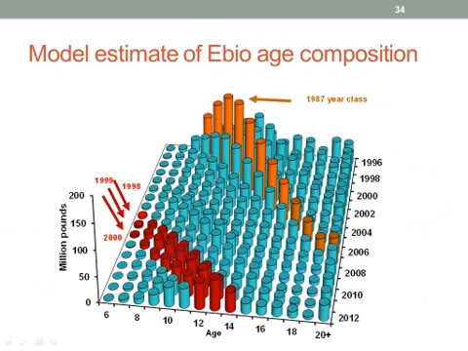Here's the model estimate now of the current and recent composition by age and weight of the exploitable biomass. The front row of this matrix would be the contributions to the eBio as of the beginning of 2012. The largest component of the exploitable biomass is going to be age 12, 13, and 14 halibut.